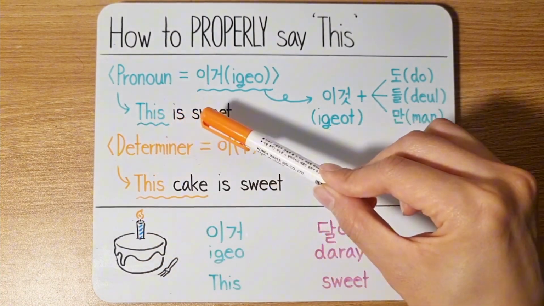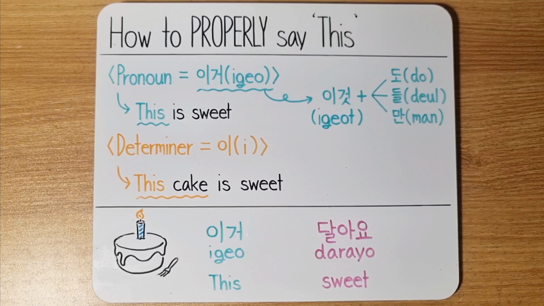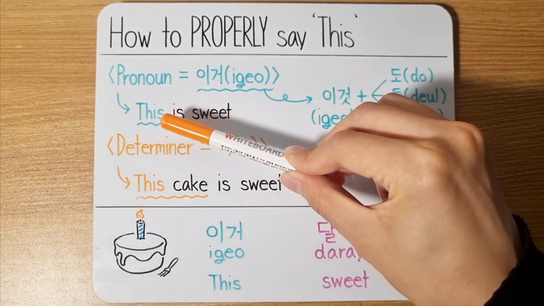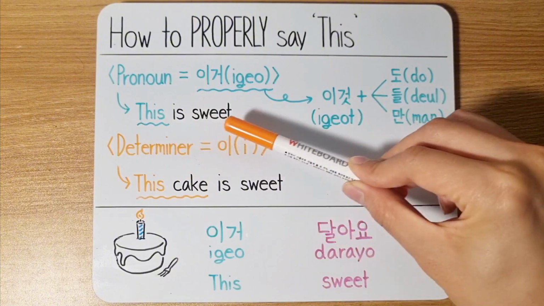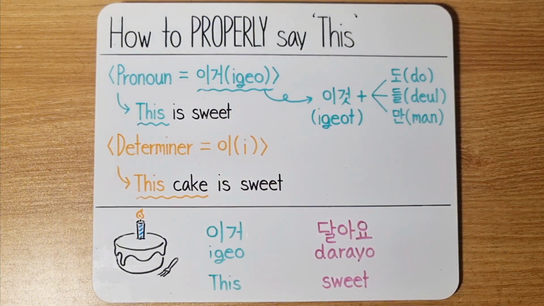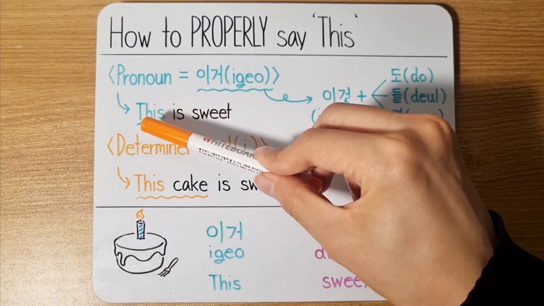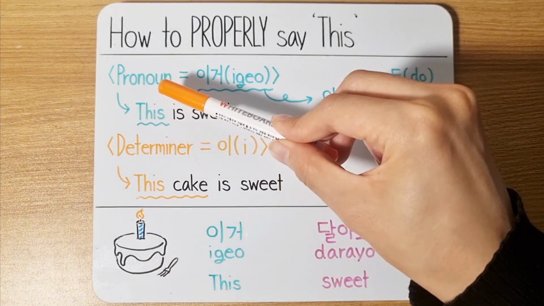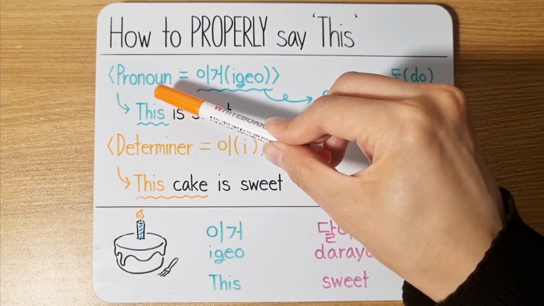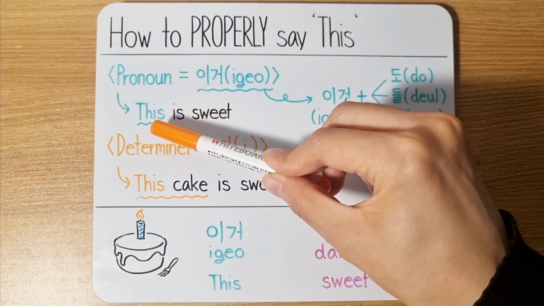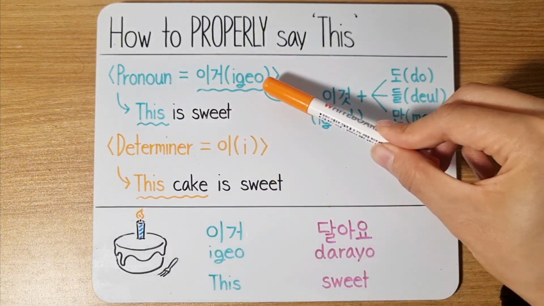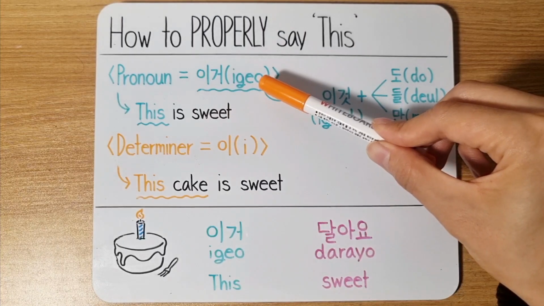In this case, I am using this alone as a noun within a sentence. So if I am using this alone as a noun, then it means that I am using it as a pronoun, and in that case, this will look like 이거.